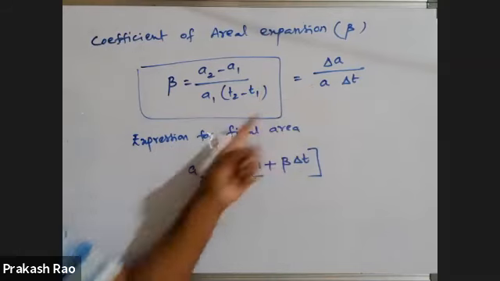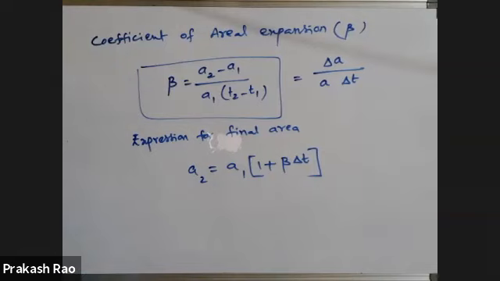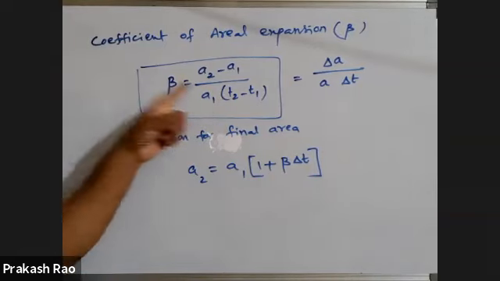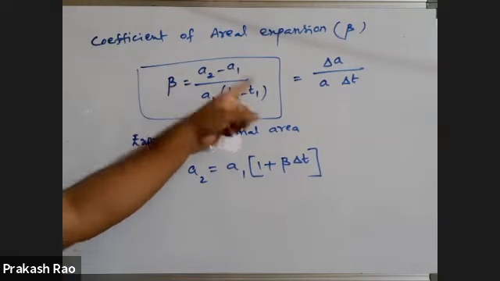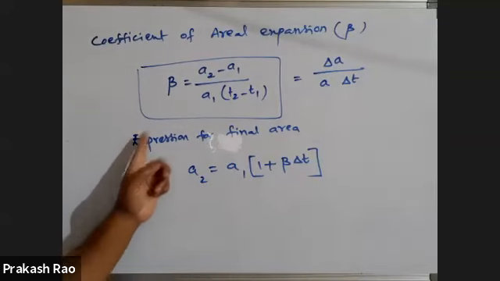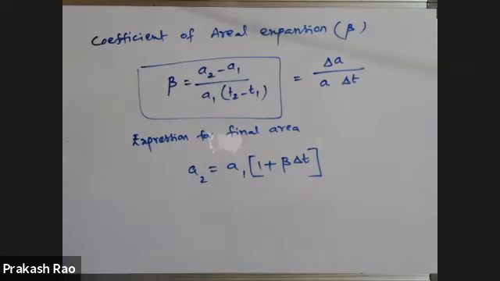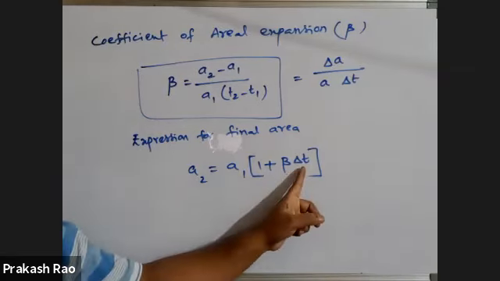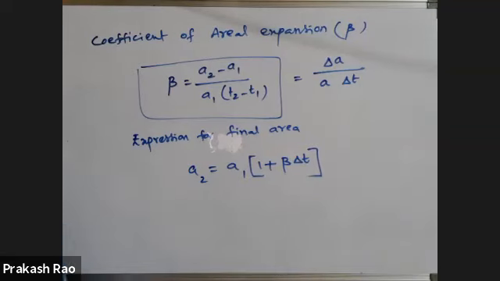After that, the next expression for final area is this. How you did it yesterday? You just cross multiply. Beta A1 into delta T is equal to A2 minus A1. You send minus A1 to the other side, it becomes plus A1. So then A2 is equal to A1 of (1 plus beta into delta T). Delta T means rise of temperature, change in temperature, final temperature minus initial temperature.